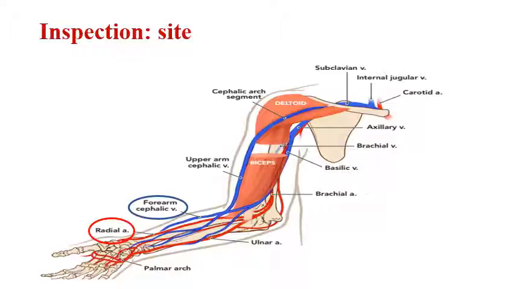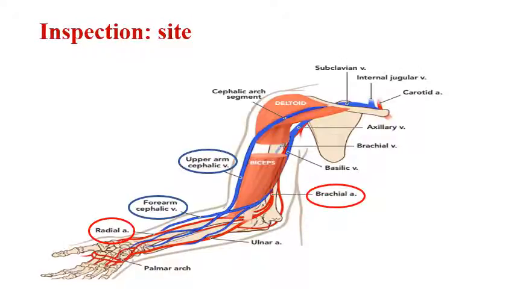So the first site is the radiocephalic. You can find the scar of this fistula at the distal part of the forearm. The second is between the cephalic vein and the brachial artery.